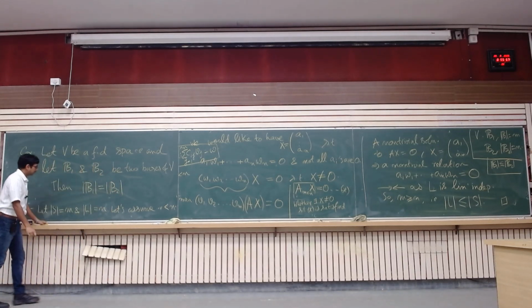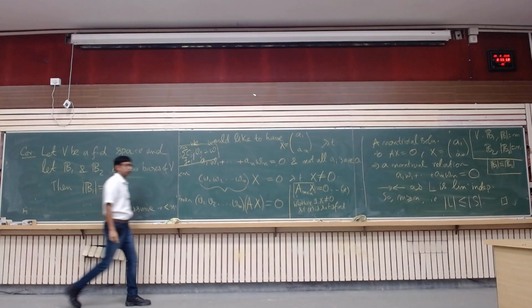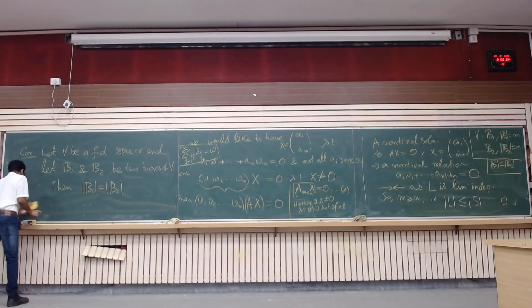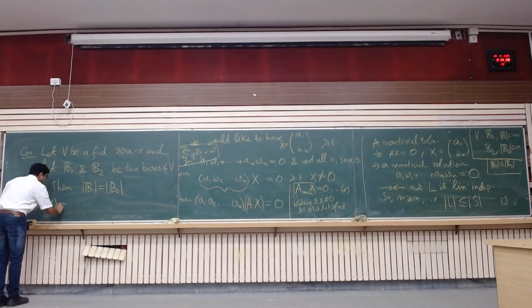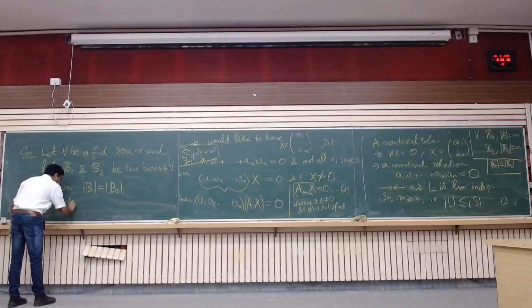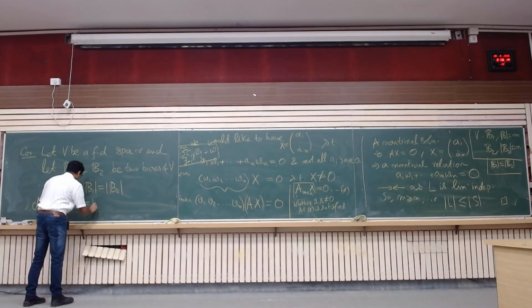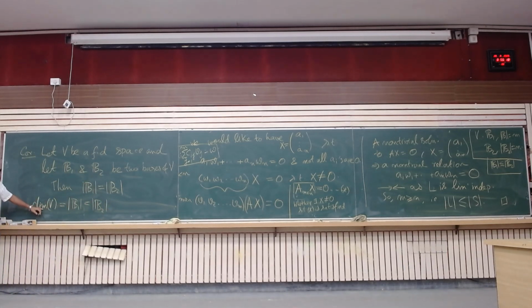And this cardinality we call the dimension of the vector space V. So dimension of V is defined to be the cardinality of B1, which is equal to the cardinality of B2. So basically the dimension of a vector space is the cardinality of its basis. And we just proved that it is well defined.